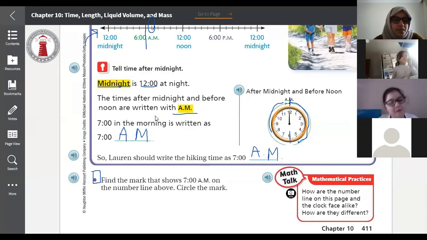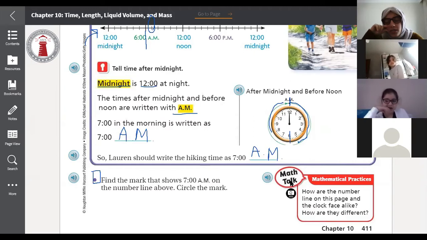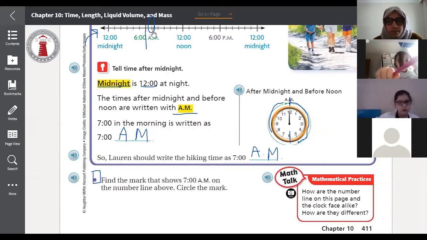Let's see Yara here. Yara, do you have a question? Yeah, but why did they ask to show 7 AM on the number line? Because they want to see if you know how to use the number line to tell the time. Yeah, but I can't really see how you did it. It's here, Yara. I circled it here in the number line. You see it? Not really, because it's the middle of the page. We use a highlighter. Actually, I can use a circle.